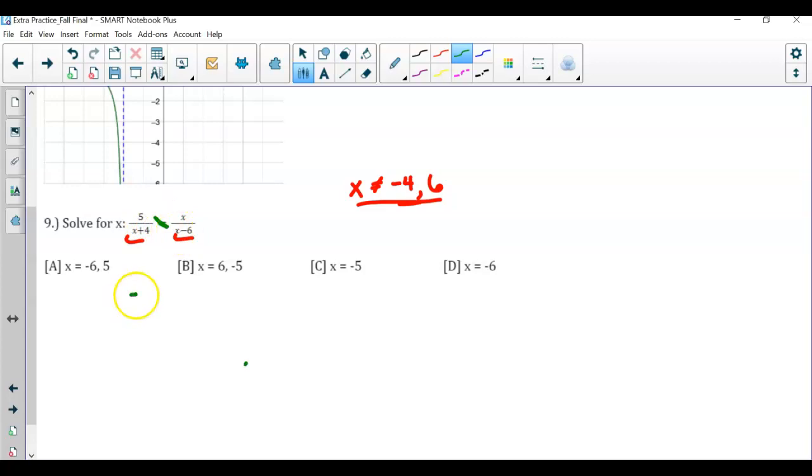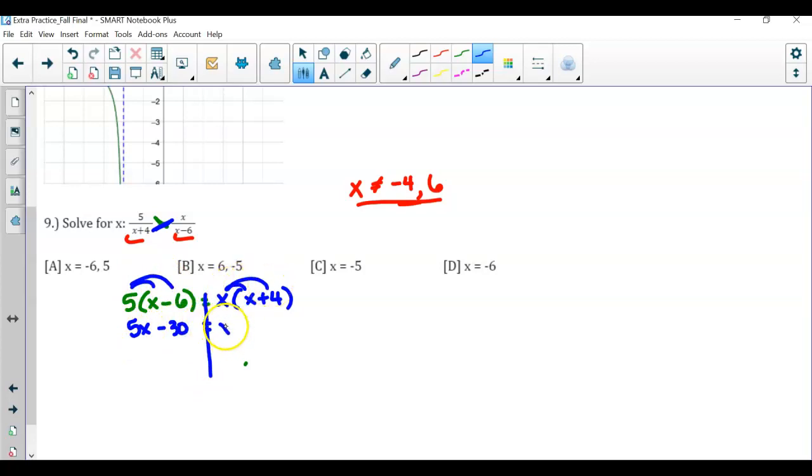So 5 times x minus 6 is equal to, cross multiplying, x times x plus 4. So now here I'm going to distribute, and I've got 5x minus 30 is now equal to, again distributing, x squared plus 4x. Now notice we are solving a quadratic. So our quadratics always have to equal 0. So I need to subtract 5x.